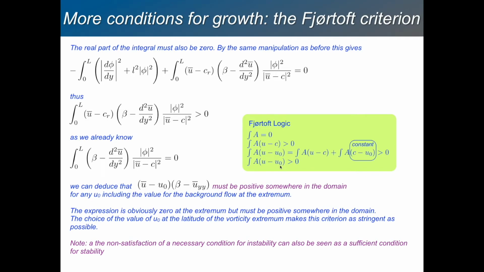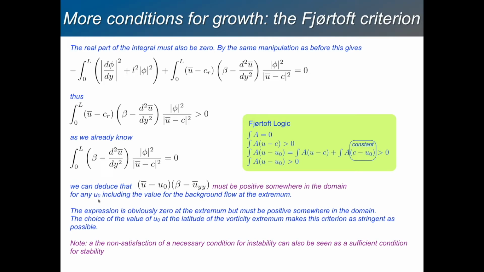So that means that if this integral here, with any value here, u bar minus u naught times this, which is beta minus d squared u bar dy squared, the gradient of the absolute vorticity, if this integral is to be positive, then this must be positive somewhere, right, in the domain. That's the absolute minimum, right? So it must be positive somewhere in the domain. This is the Fjørtoft criterion. And it must be true for all values of u naught.